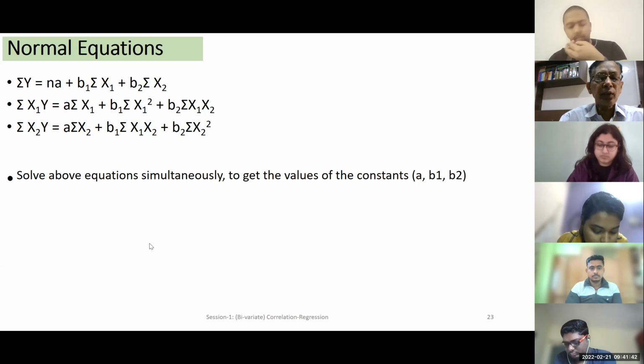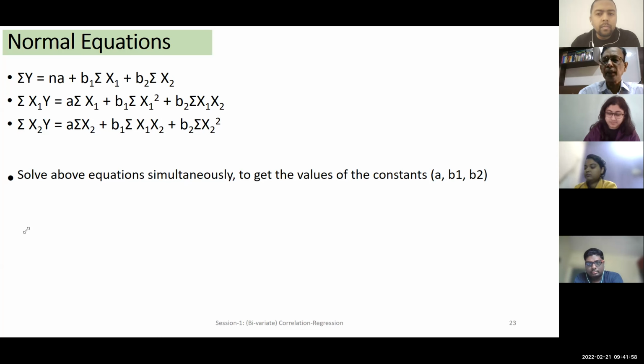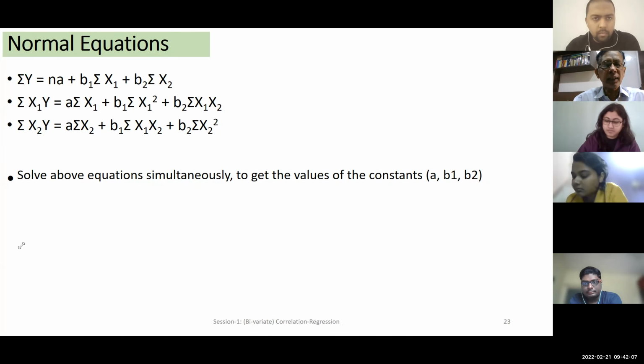What is the role of the normal equation? So to find all the multivariate, I guess. Sorry? To get the multivariate, the things that we have considered. No. The role of the normal equation, I think we had already discussed, is just to find the constants, three constants, a, b1, b2.